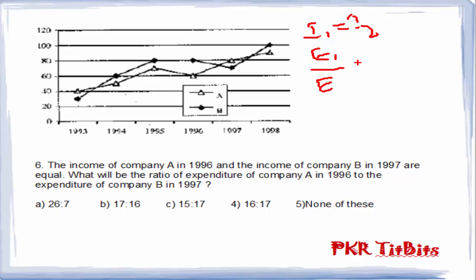So I can write it as expenditure of company A in 96 over expenditure of company B in 97.